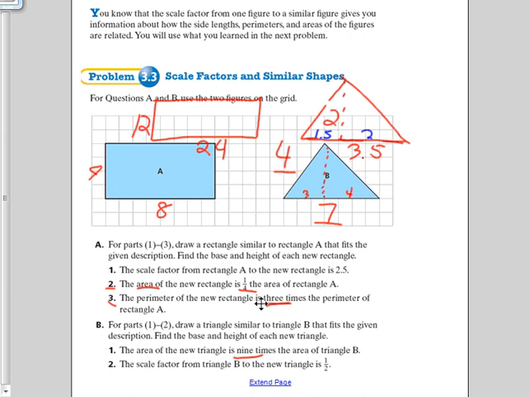That's all for part 2. I just want you to be able to work with scale factor on this, be able to build it, and also understand how scale factor can be used with multiplying to get the lengths, multiplying to get the perimeter, and multiplying scale factor squared to get the area.